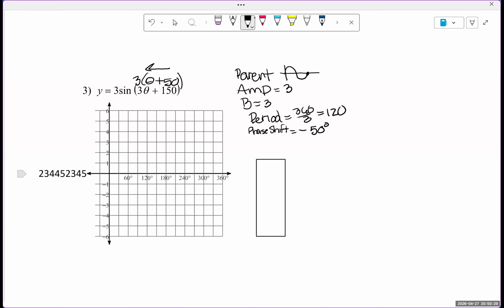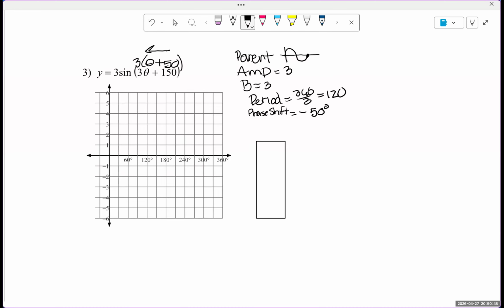So if this is 60, then we have negative 50 somewhere here. So let's make our table. Okay, so we're going to start at negative 50. Our period is 120. So negative 50 plus 120 is 70.